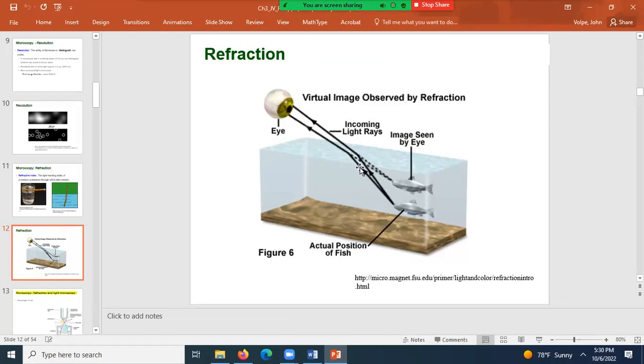And that's because the light bends at the surface of the water, or the start of the air. And the fish is really down in this position. And so for a living organism like a bird that wants to catch the fish, it needs to know this is where I'm seeing the fish, but this is where I need to put my feet to catch the fish. Okay, any question about any of that?